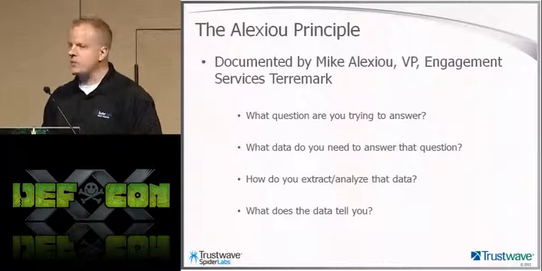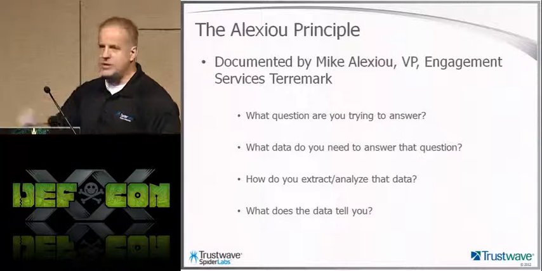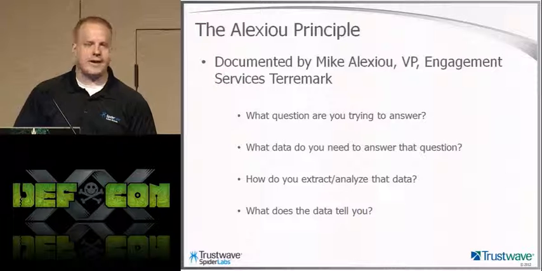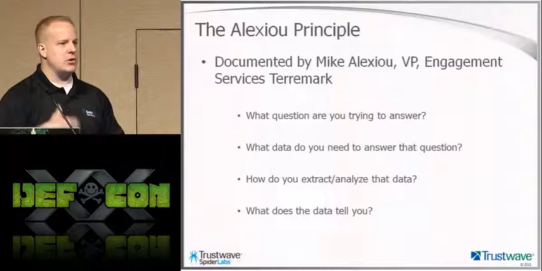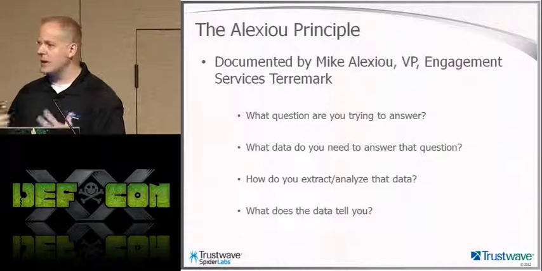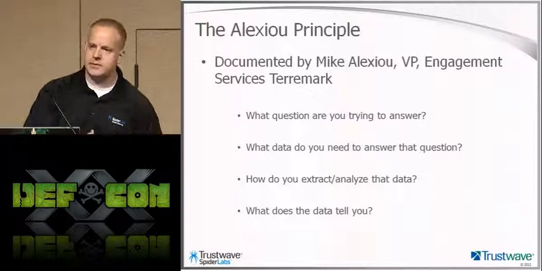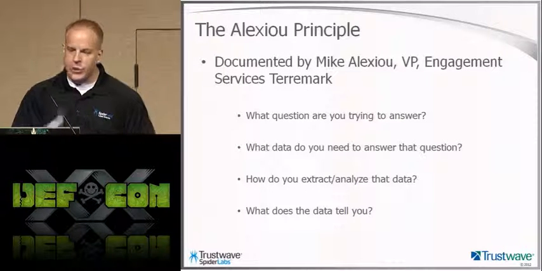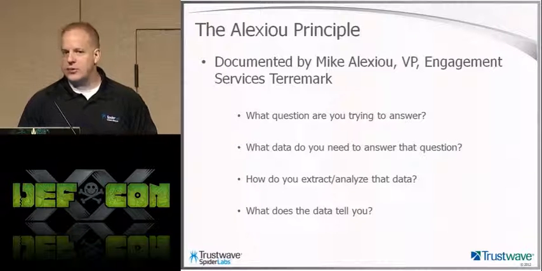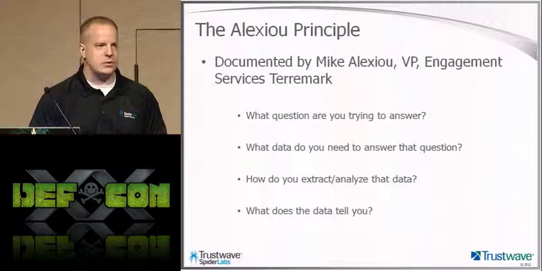Now the Alexiou principle is really pretty cool, and in my case notes when we conduct investigations, we actually have this broken down. So what question are you trying to answer? You're there for a reason. You're conducting an investigation for a reason. Why? What data is the customer afraid was extracted, or what happened to the victim? What data do you need to answer that question? I don't need a mail server image to determine if credit card data was stolen from a database server.